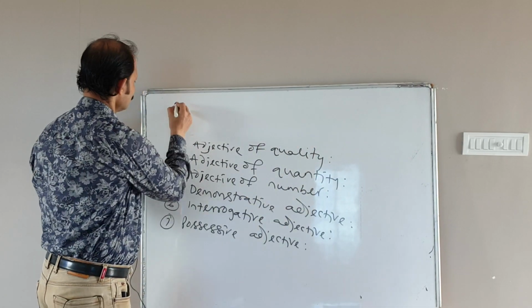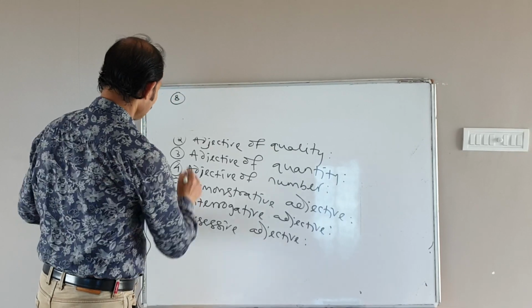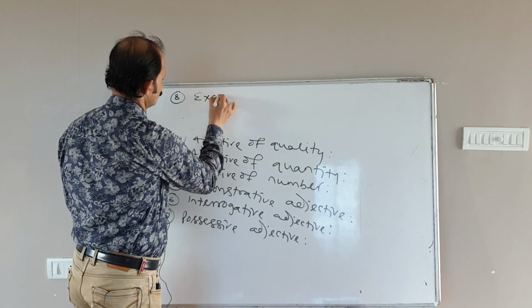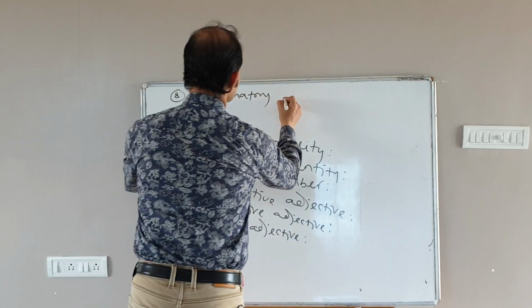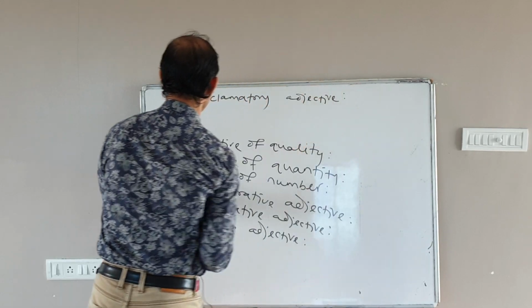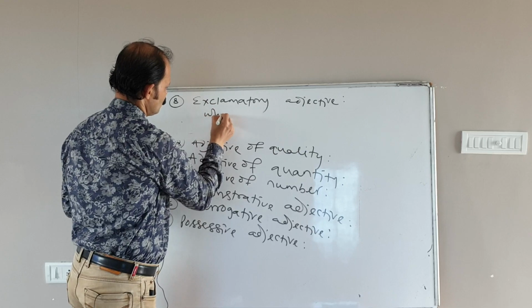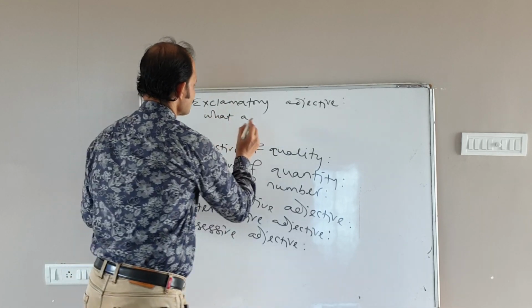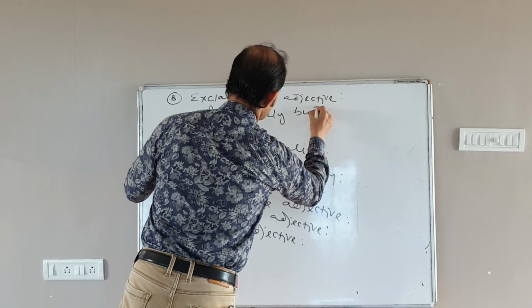Next, number 8. Exclamatory adjective. How? Suppose, what a lovely building.